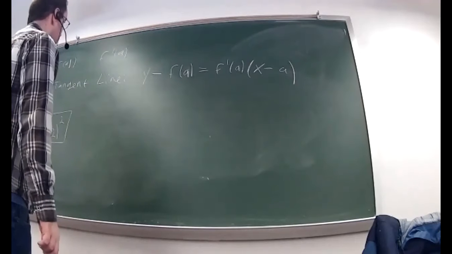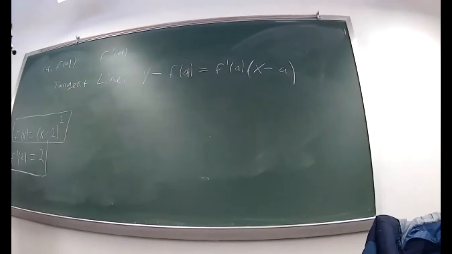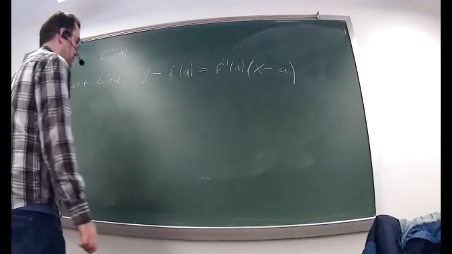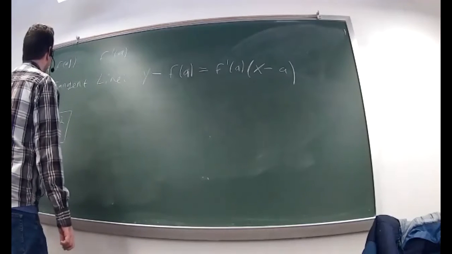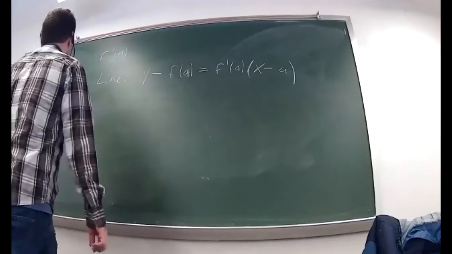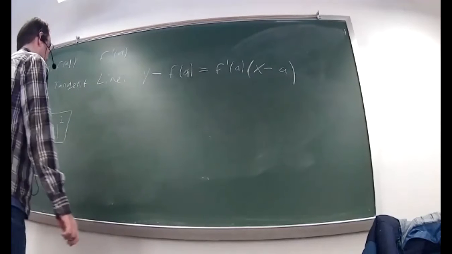So one other thing, there's another equivalent definition of the derivative that you will sometimes see, which goes as follows. Suppose you've said, let's take x equals a and let's take f prime of a.